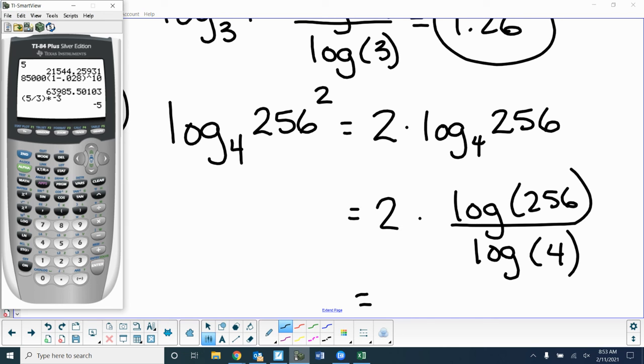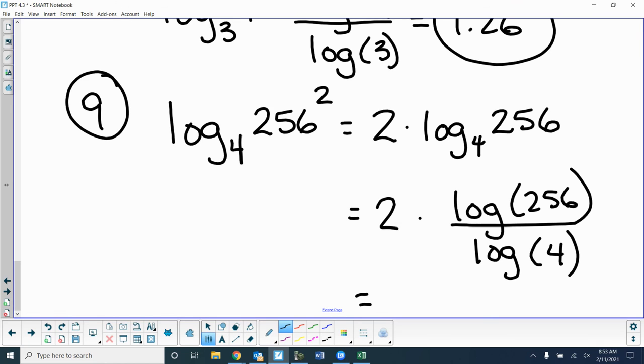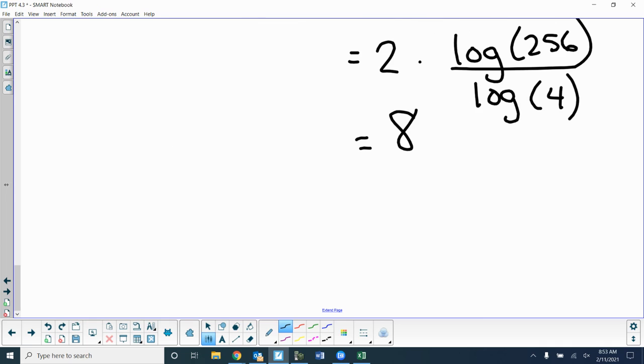All right? So 2 log, oops, I don't need to put that extra one in next time. Close it off, remember, that's the mistake we make sometimes. And you get 8. So log of 256 divided by log of 4 is 4.